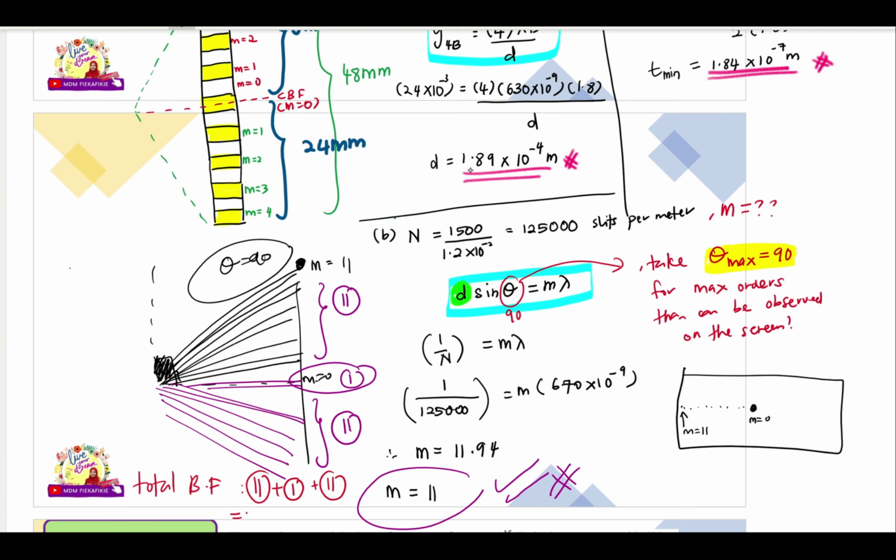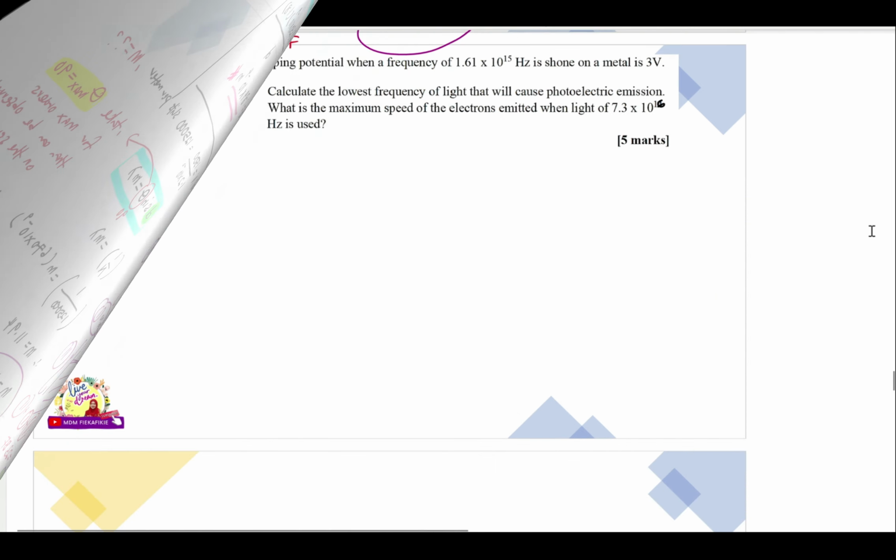Okay, so dia akan jadi 23 bright fringes. Macam tu. Okay, betul tak? 23 bright fringes. So you tengok soalan, dia nak you kira the maximum order number that you can see on the screen, ataupun dia nak you kira total bright fringes on the screen. Okay, so that's all for question number 7. So let's proceed to the next question.